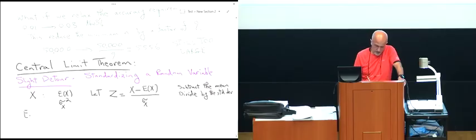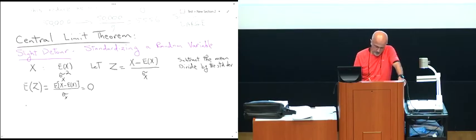The mean of z, you just told me, is 0, because the sigma x comes out. I have the mean of x minus its mean, linearity of expectation, I get 0. What is the variance of z? It's 1.